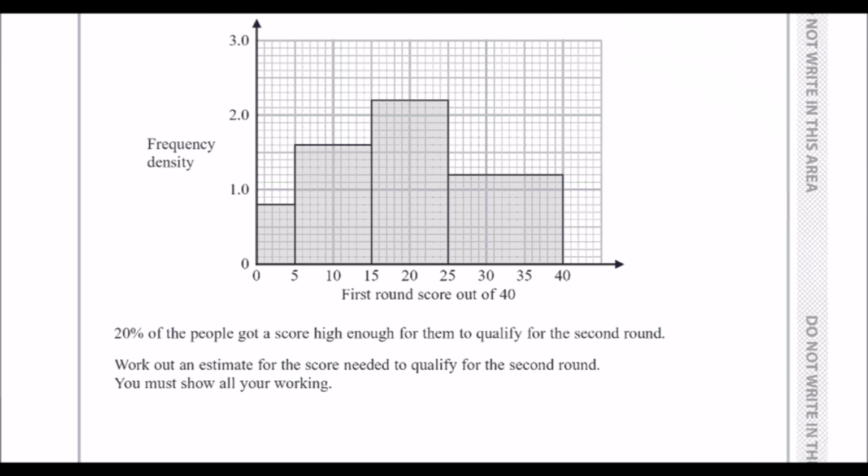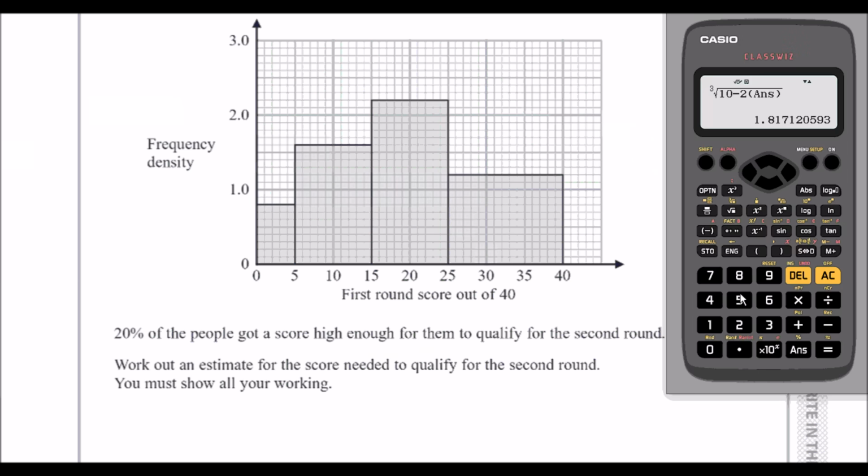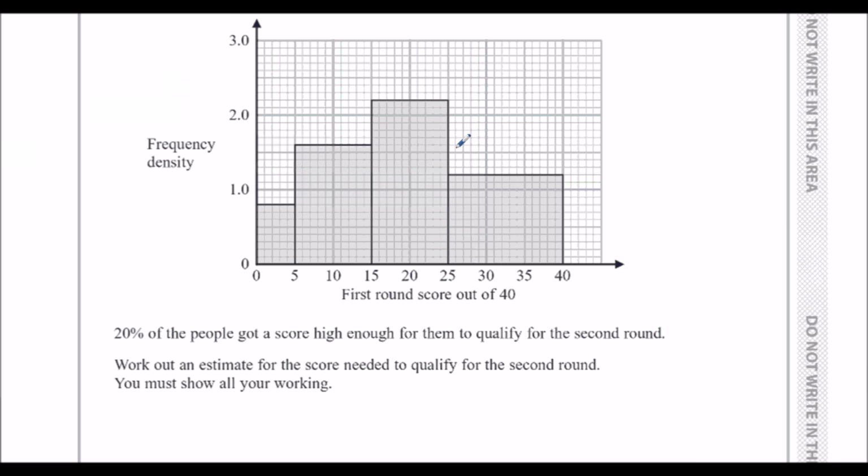So we're going to work out how many people there are. So to find the frequency, we're going to find the area of each bar. So on a histogram, the frequency is the area. So we've got 5 times 0.8 for the first bar. 5 times 0.8 is 4. 10 times 1.6 is 16. 10 times 2.2 is 22.